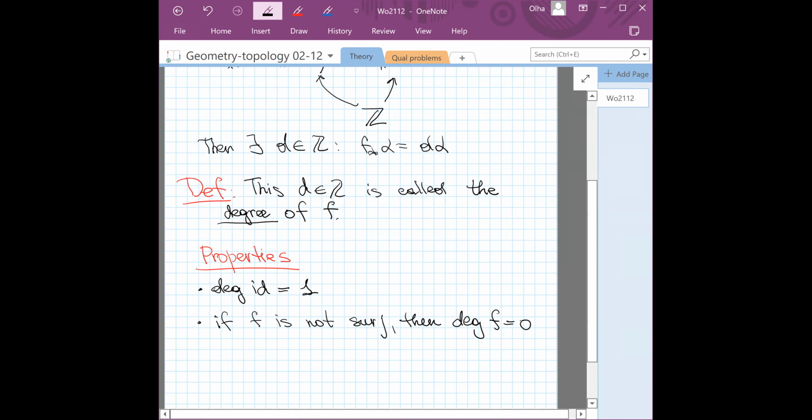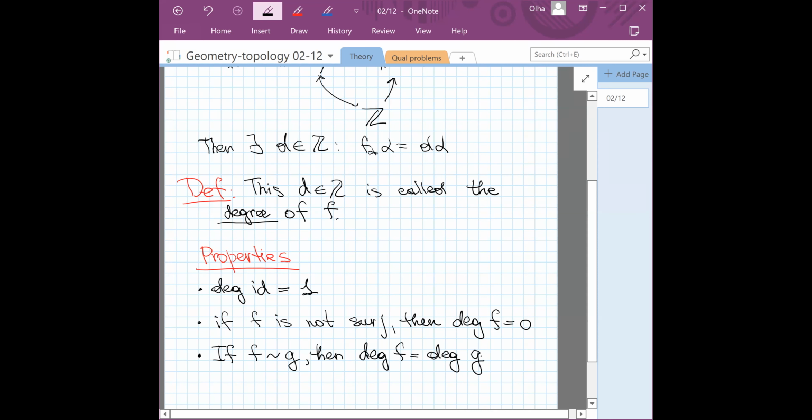That has something to do with the excision theorem. Basically, we can just throw away the points outside of the image of F and apply the excision theorem. Then, if two maps F and G are homotopic, then they have the same degree.